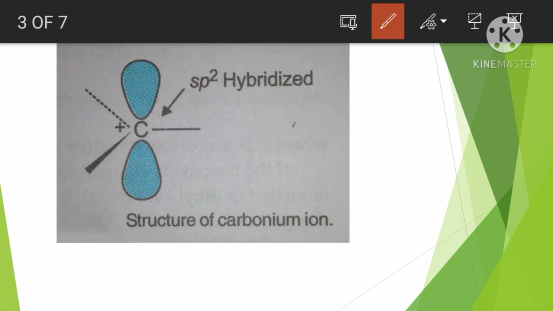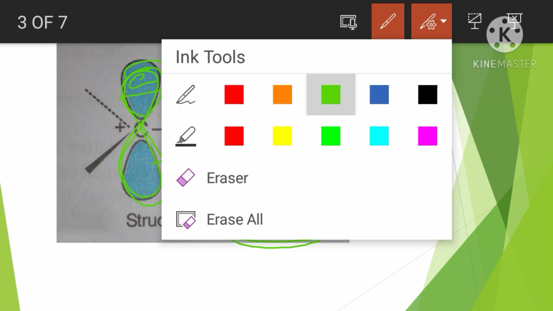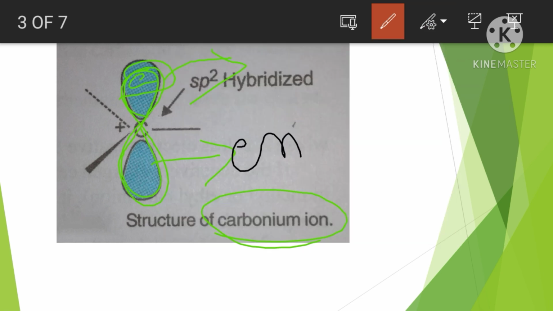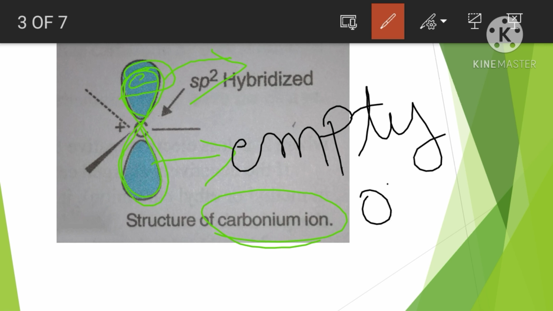But in carbonium ion, what happens? The electron which is present in the unhybridized pz orbital is lost. That's why the unhybridized pz orbital will become an empty orbital.